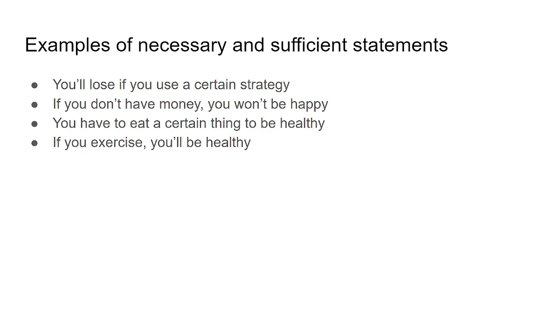So if you don't eat the certain thing, but you do exercise, well, because you didn't eat the certain thing, you should be guaranteed to not be healthy because that certain thing was necessary. But because you exercise, you should be guaranteed to be healthy because it's sufficient. But you can't be both at the same time, so both statements can't be true.